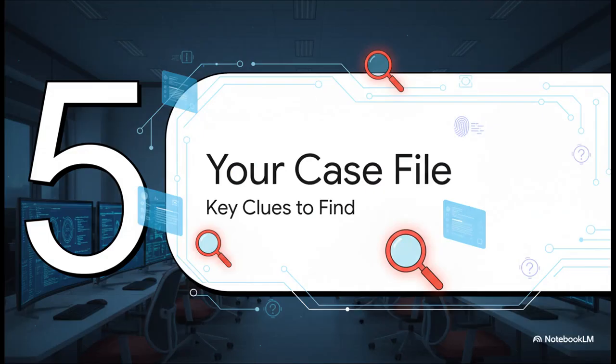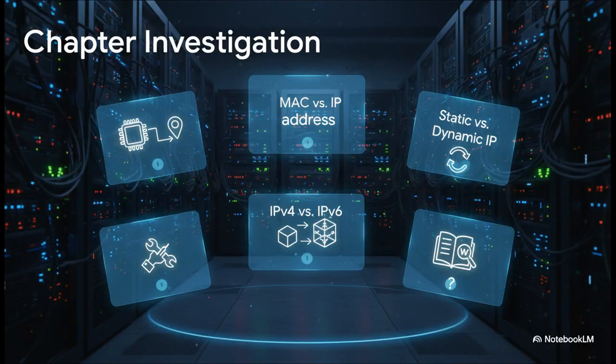Okay, so as you crack open this chapter and start your deep dive, I want you to treat it like a case file. You're not just reading passively, you're actively hunting for specific clues and pieces of evidence that are critical to your investigation. Here are your primary targets for this investigation. First, you need to absolutely master the difference between a physical MAC address and a logical IP address.